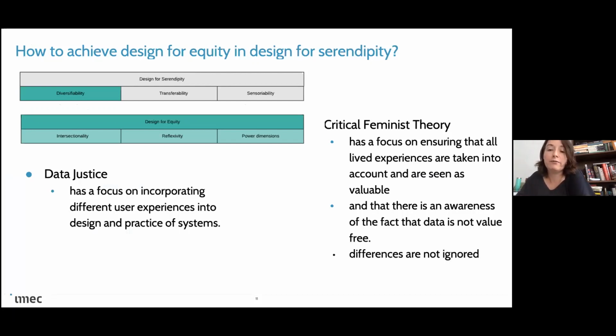And the three values that are applicable here are that they have a focus on the lived experiences and ensuring that every experience is valuable, an awareness of the fact that data and science is never value-free, and that differences are not ignored, but actually acknowledged.